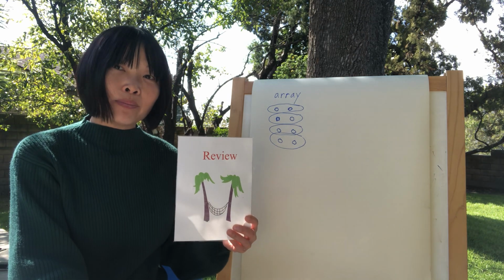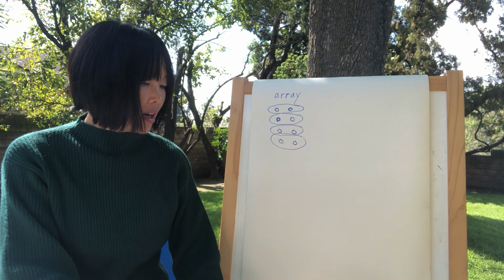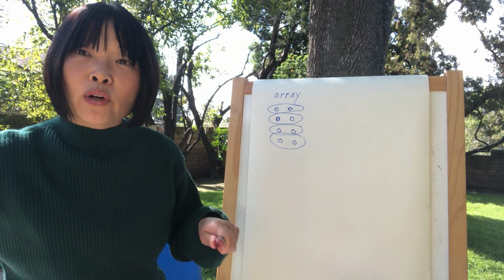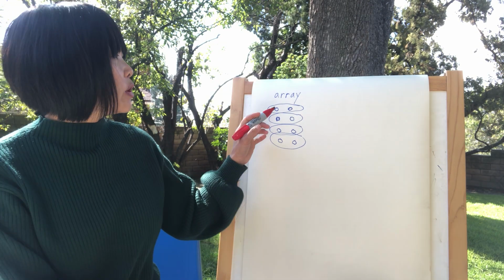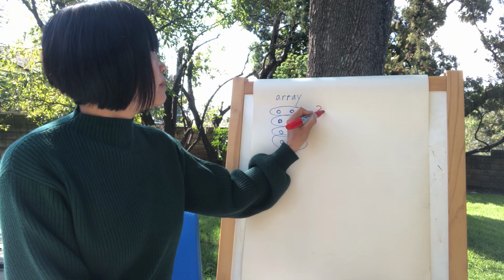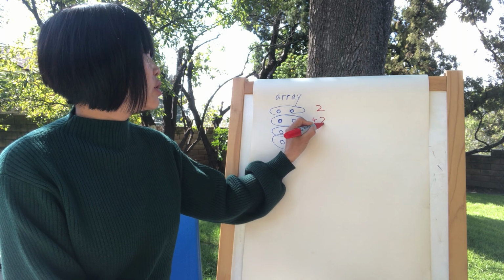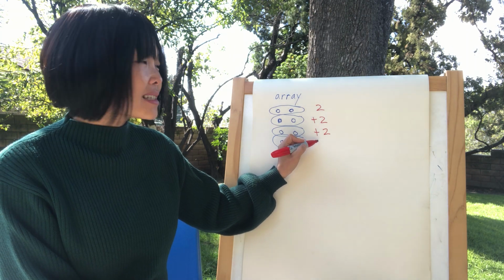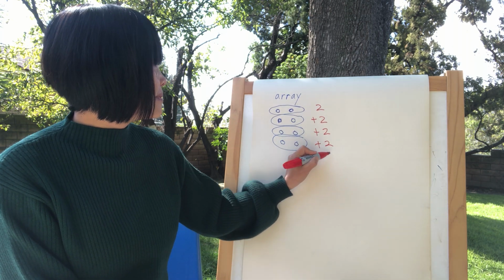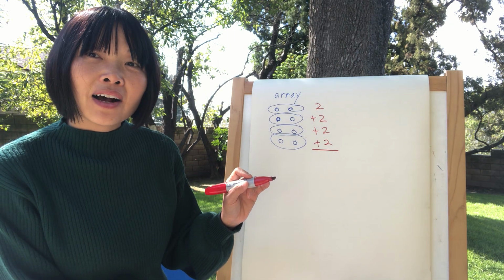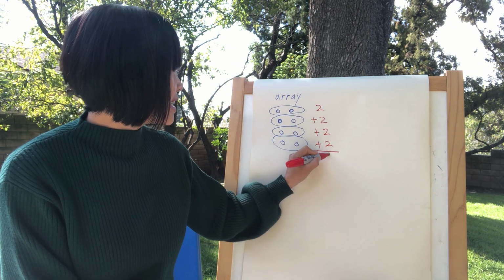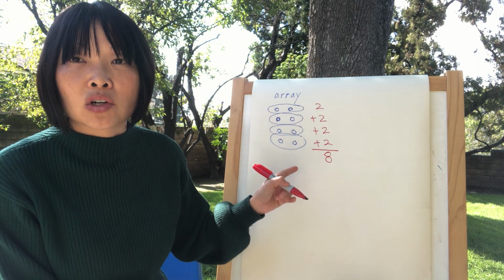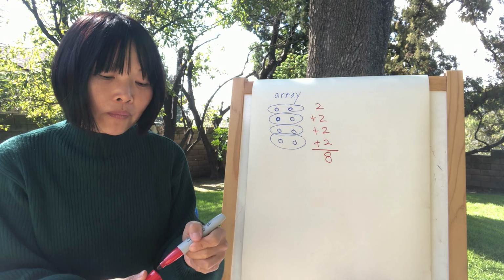So in this example, if we use repeated addition, we would be adding 2 plus 2 plus 2 plus 2. And the total would be 8. I will talk more about how to get the total a little bit later in this video.